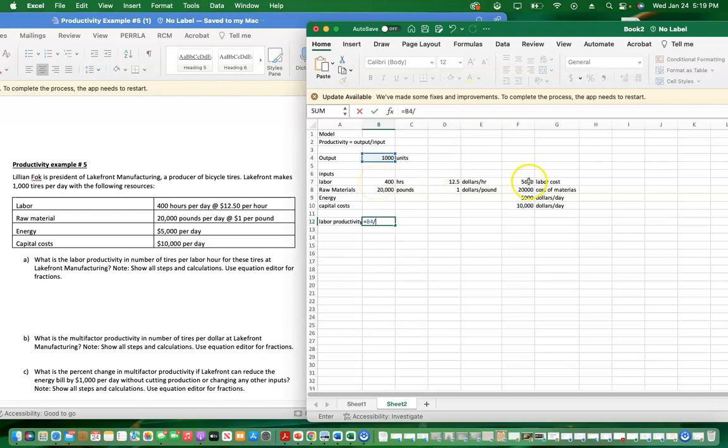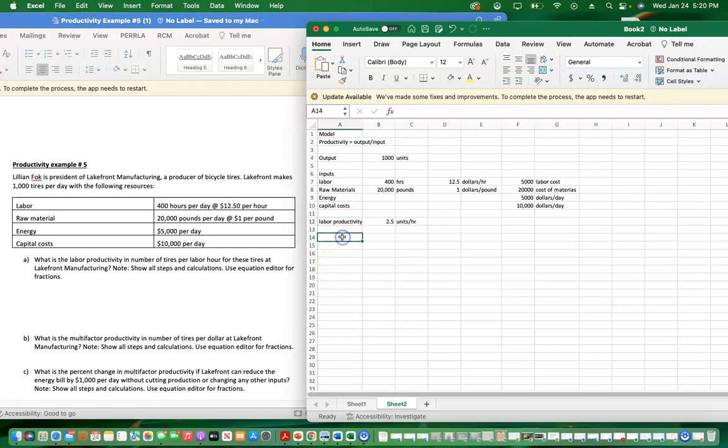You could divide by the cost of labor. There's no problem with that. So I'm going to go with the labor hours, but I will ask you to find labor productivity in terms of labor cost. So it will be 1,000 divided by 400. I'm going to click on the 400, and if you enter, you have 2.5, and that will be units per hour. So that is labor productivity.